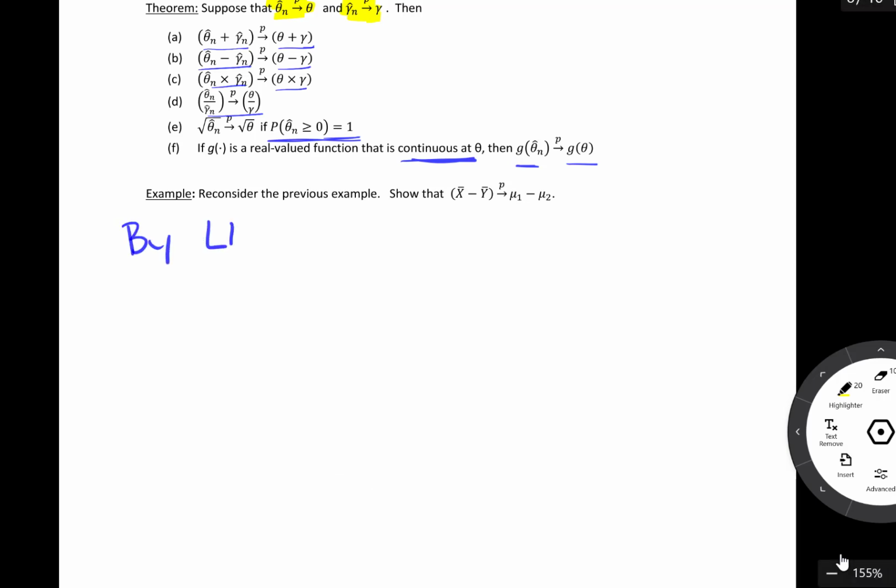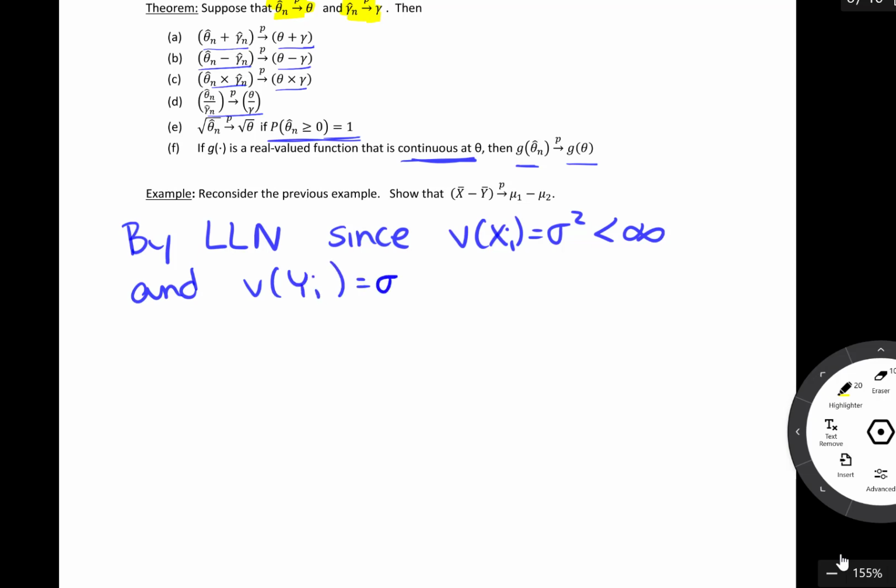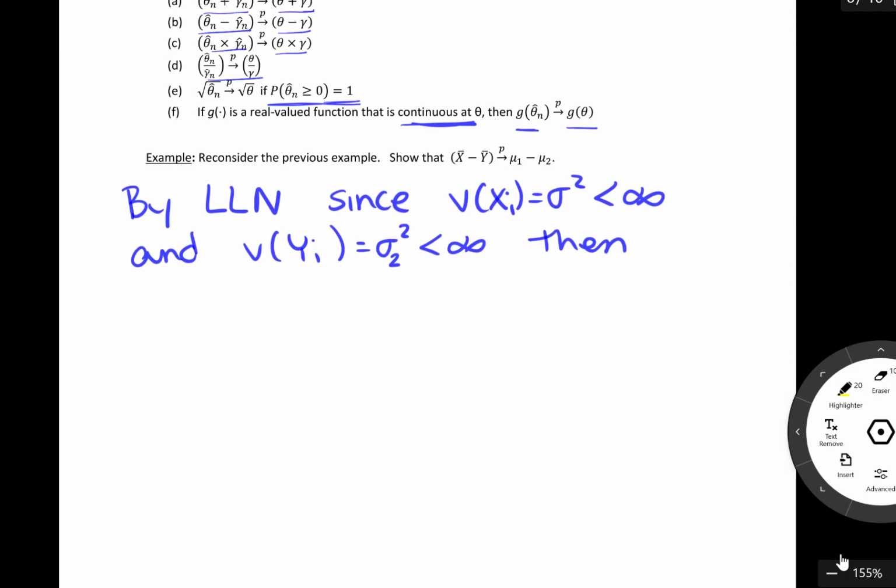So we know by the law of large numbers, since the variance of xi, which is equal to sigma squared, is less than infinity, and the variance of yi, which is equal to sigma 2 squared, is less than infinity, then we can show that x bar converges in probability to mu1 and y bar converges in probability to mu2.